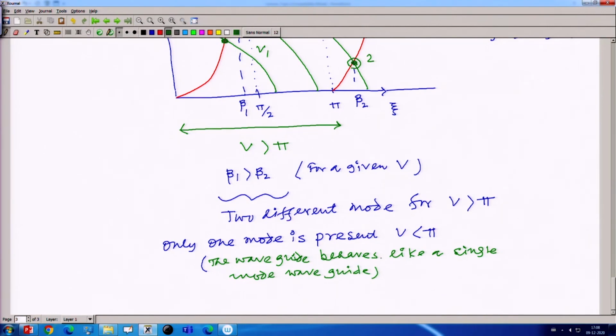Now, if I increase the value of V, which I can also do by just reducing the wavelength, then I can have a multi-mode waveguide. So, this case of two different modes for V corresponds to a multi-mode waveguide.